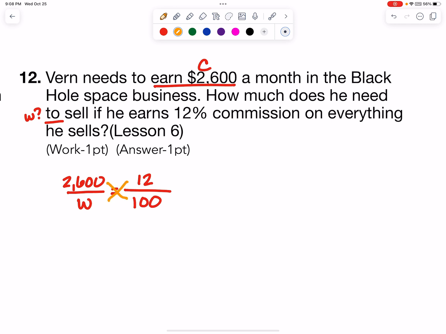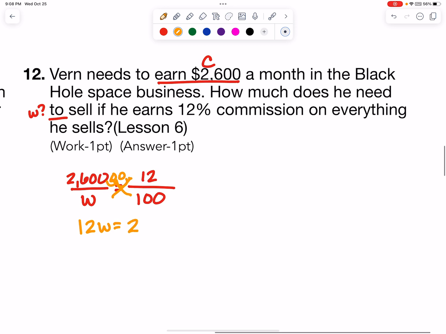So let's go ahead and do cross multiplying to figure that out. So we have 12W equals, swoop, swoop, I'm just going to read out the digits, 2, 6, and 4 zeros. Let's go ahead and isolate the variable, divide both sides by 12. And we end up with, let's reread, how much does he need to sell?